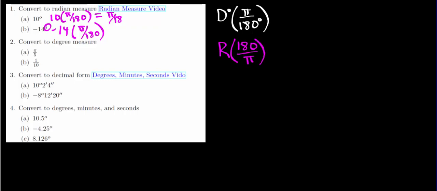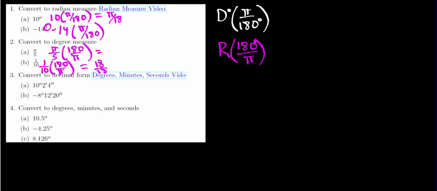So pi over 5 times 180 over pi. And then, of course, you can simplify that. 1/10 times 180 over pi. And you can simplify that as well. So this would be like 18 over pi here.